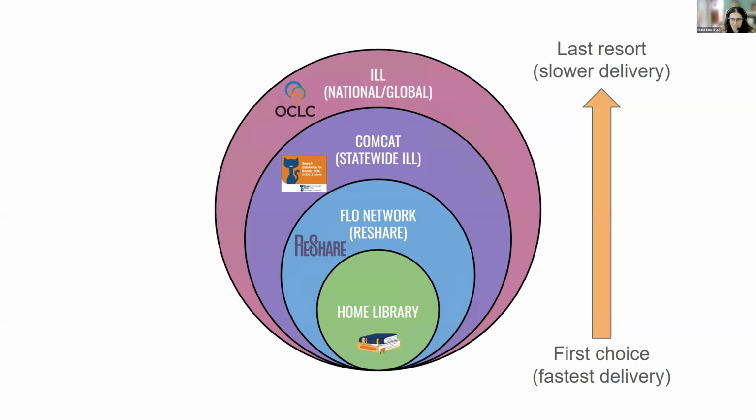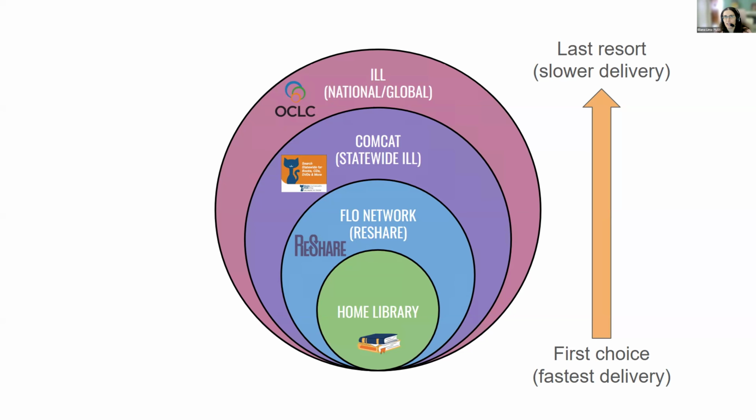We will be training you on reshare separately. It's a whole different system. But anyway, if you can't find it within the Flow libraries, the next step would be to look for the item in ComCat. And ComCat is the statewide ILL system. Basically it gives you access to all of, not all, but the majority of libraries in Massachusetts.